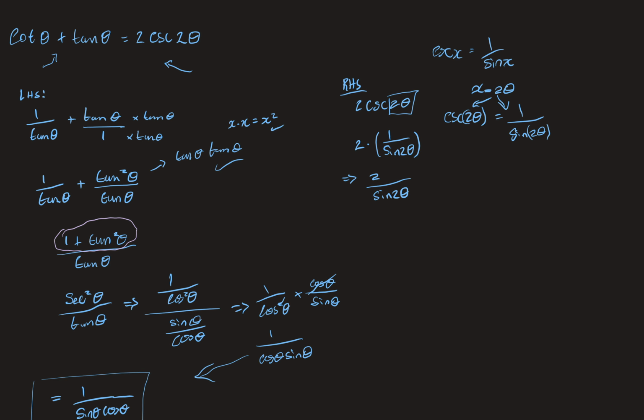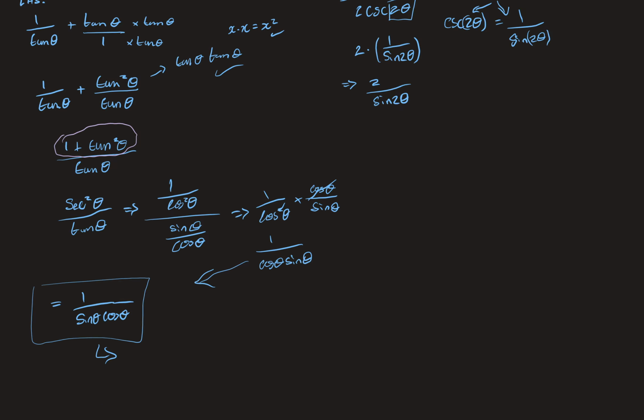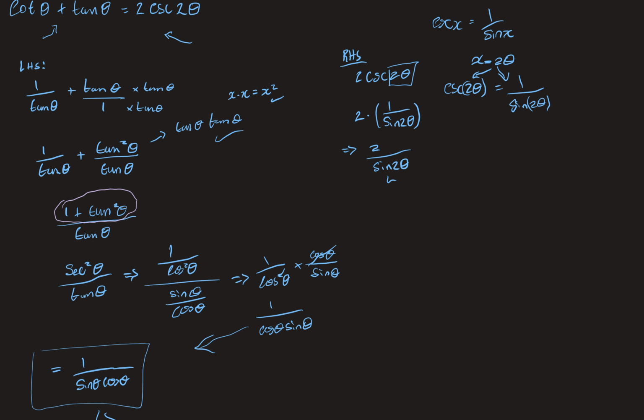Now, how can we simplify this? Remember, on the left we couldn't do anything because there were no more identities we could use. But in this case, we can make sine 2 theta simpler. This is a double angle formula, which says that sine of 2x is equal to 2 sine x cos x. So what is x in this case? x is theta, and using the double angle formula, we get 2 over 2 sine theta cos theta.